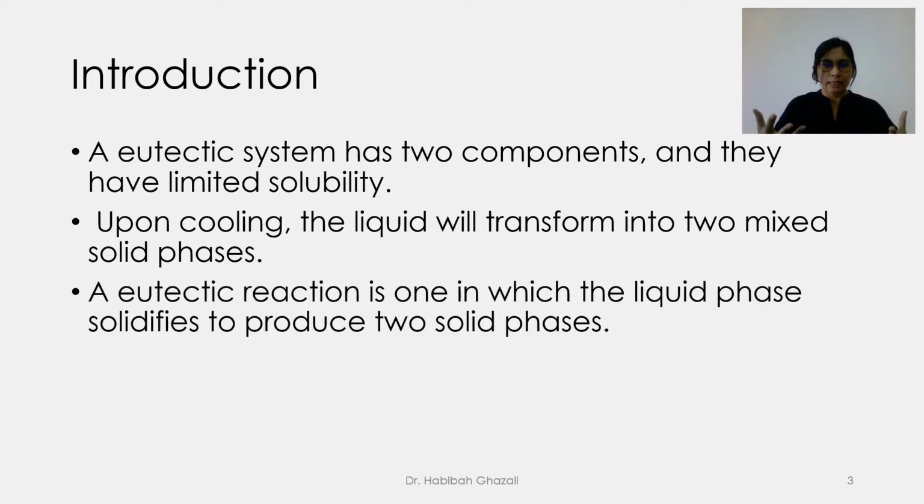A eutectic reaction is one in which one liquid phase consists of a certain percentage of component A and B. Upon cooling, during the eutectic reaction, two phases of solid solution will be formed. Unlike the isomorphous, where the end product of solidification will only have one phase, this time during the eutectic reaction, you will have two solid phases.